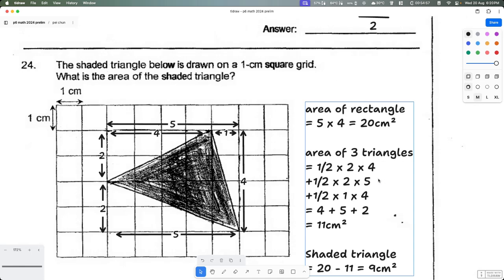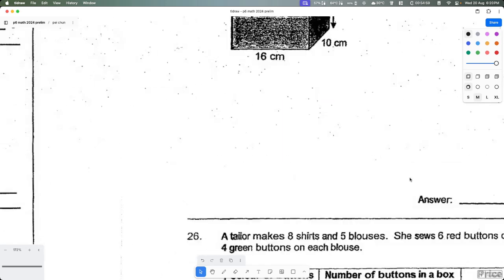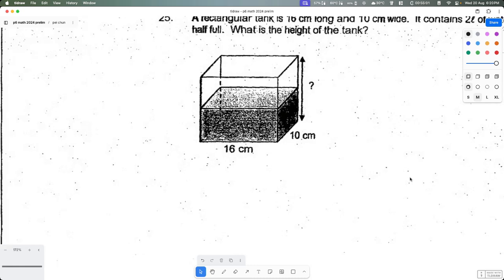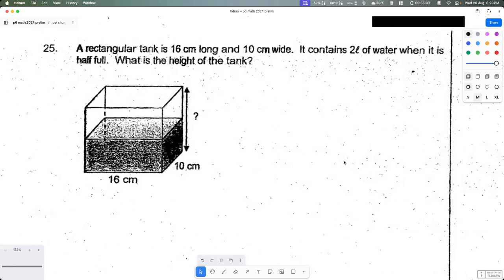Okay, let's move to the next question. Question 25. It says here a rectangular tank is 16 centimeter long and 10 centimeter wide. It contains 2 liters when it's half full. What is the height of the tank? Okay, so let's get the base area. Base area is equal to 16 times 10, which is 160 centimeter square.